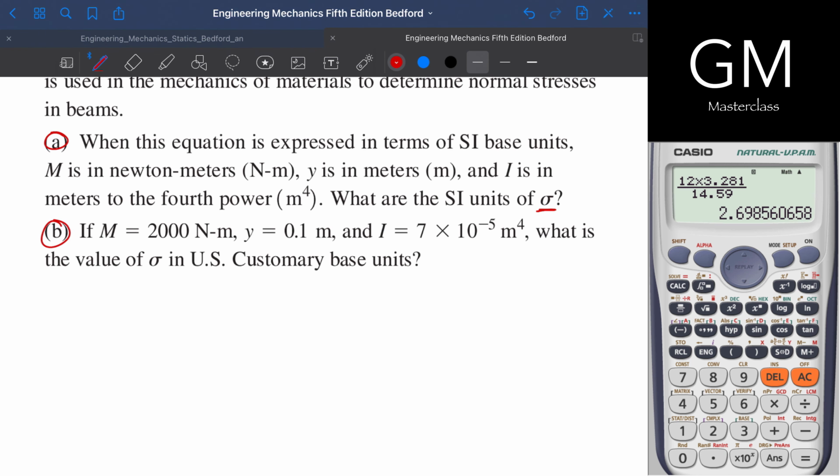B. If M is equal to 2000 Newton meters, Y is equal to 0.1 meters, and I is equal to 7 times 10 to the minus 5th power meters to the 4th power, what is the value of sigma in US customary base units?